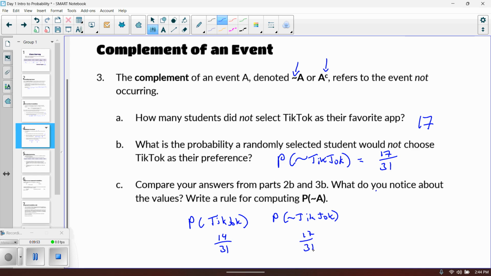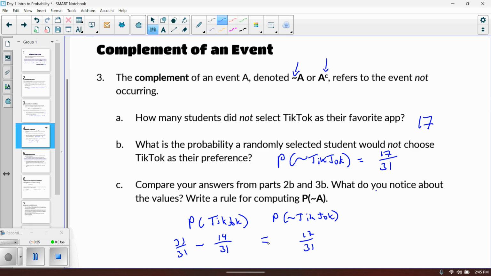So basically, how are we going to get that if we have to look at it? Well, the idea is if we take the total number of people, which was 31 out of 31 people, and we subtract the 14 out of 31 people, we then get the 17 out of 31 people.